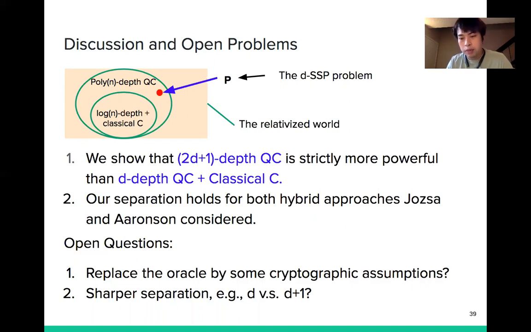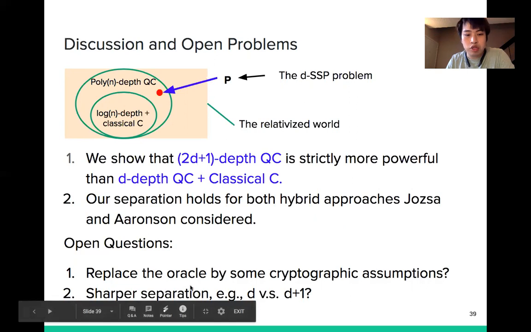And I think the next step is, can we assume some cryptographic assumptions, and then separate these two complexity classes? The second open question is that here we have separated 2d plus 1 and d. Is it possible to come up with a sharper separation, for example, d versus d plus 1?